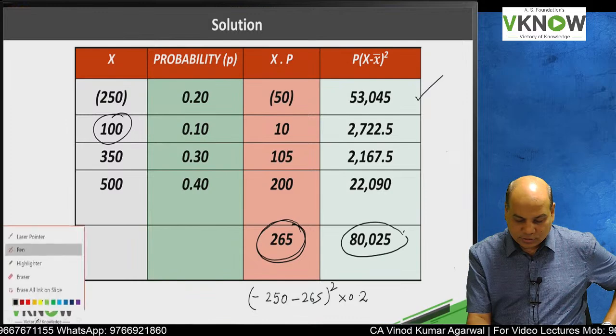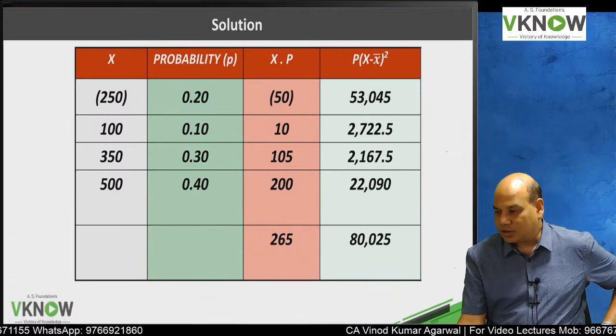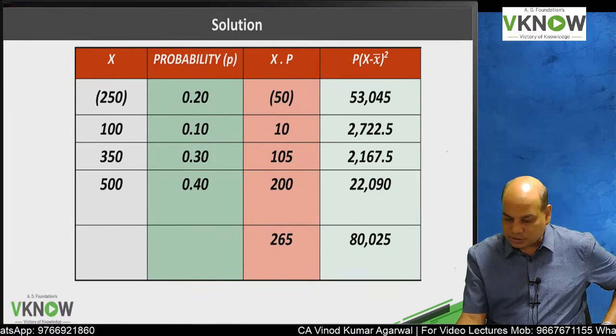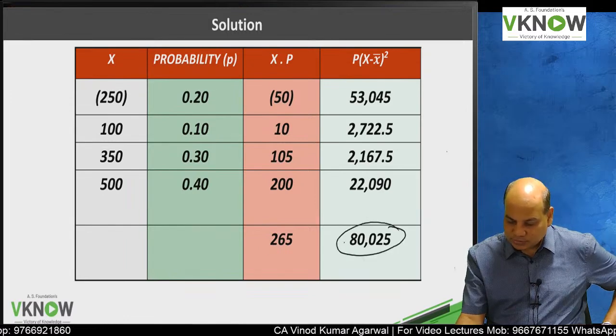Please check if it is right. 80,025 is right. This is not the standard deviation, this is sigma square.